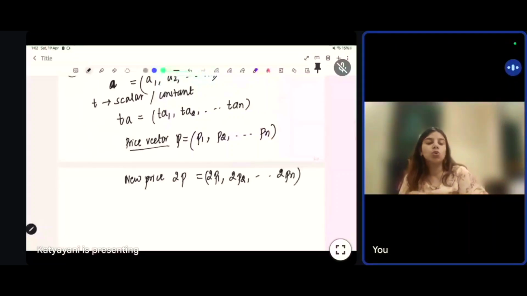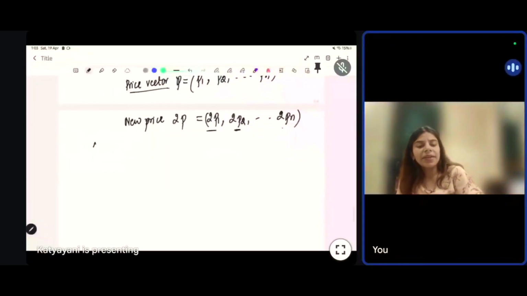So when I am writing 2P, I am multiplying my vector with a scalar, a constant number, then each component of that vector gets multiplied with that number. How can you see this geometrically? Suppose earlier you had a vector p. You were moving p1 distance on the x-axis and p2 distance on the y-axis.